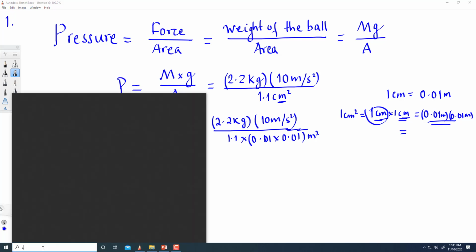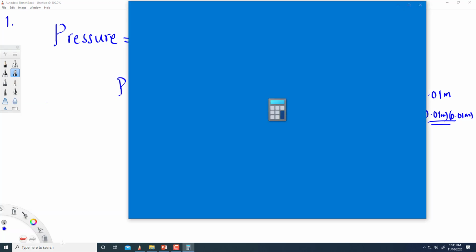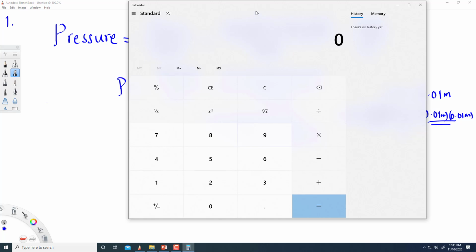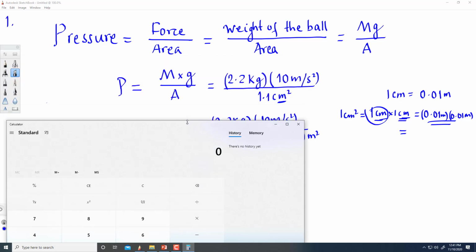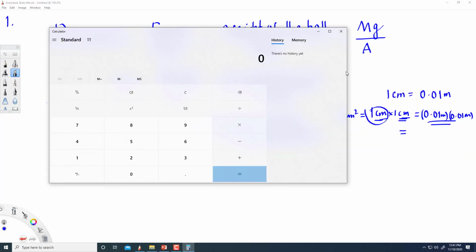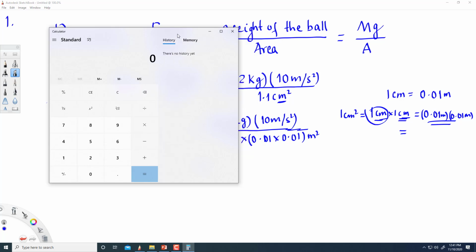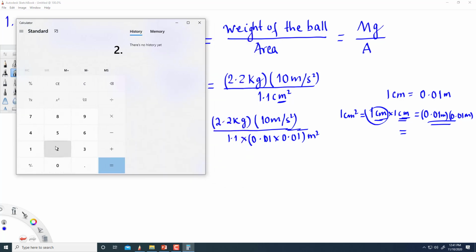So we have 2.2 times 10, and that divided by 1.1, that divided by 0.01, and that divided by 0.01.